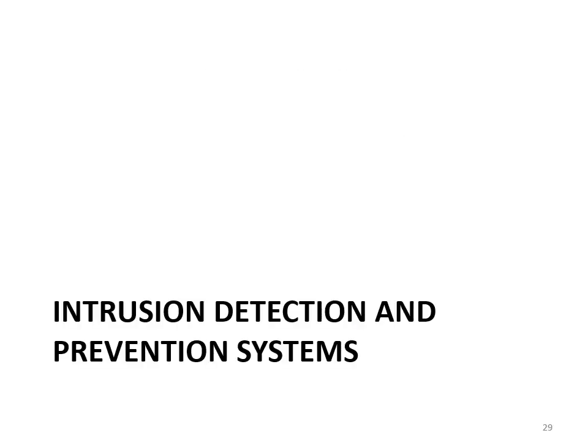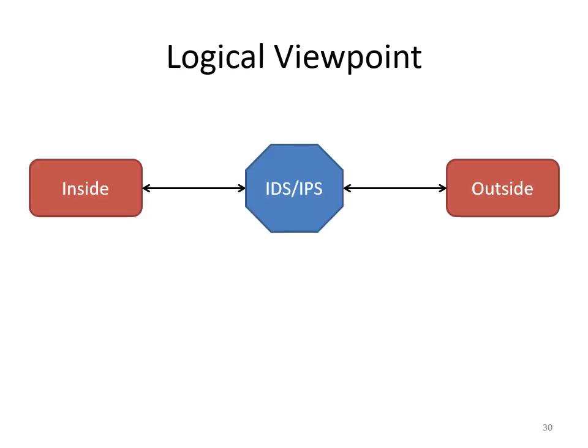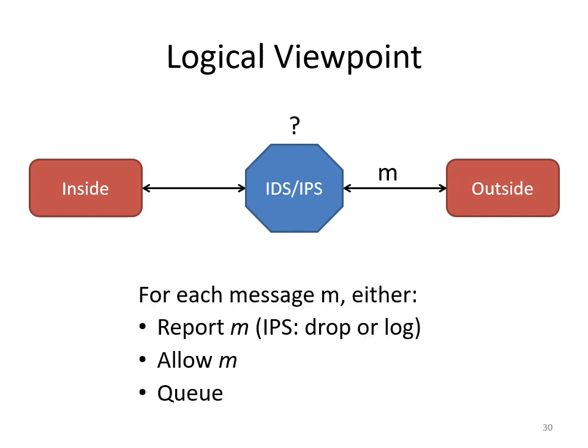Okay, so enough on firewalls. We're now going to move to more sophisticated intrusion detection and prevention systems. The logical viewpoint is pretty much the same as a firewall. You've got an outside, you've got some box that your traffic is flowing through, your IDS or IPS, and then you have the inside.